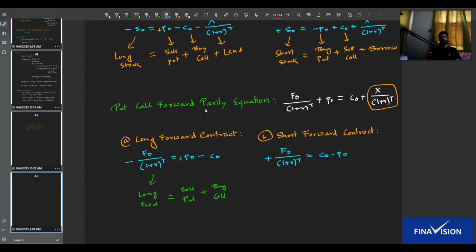Right? So there is a plus C0, which means there is selling of the call, and minus P0 means there is buying of the put. So these two together form the synthetic position, which is equivalent to short forward contract.